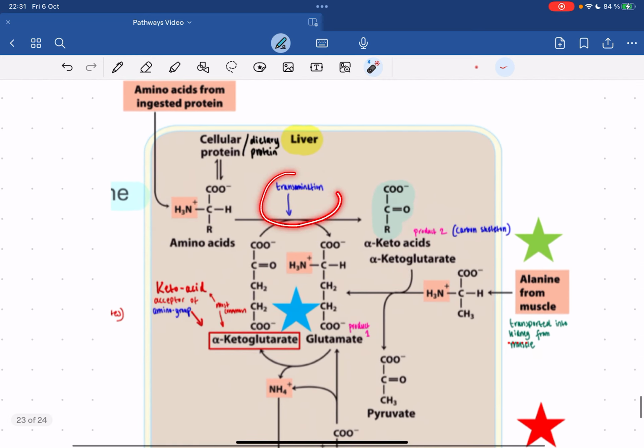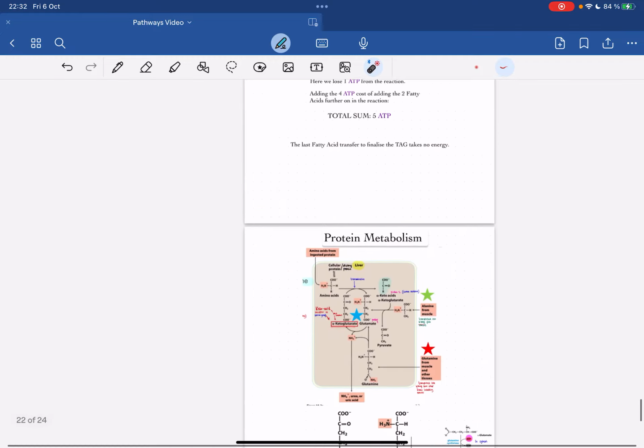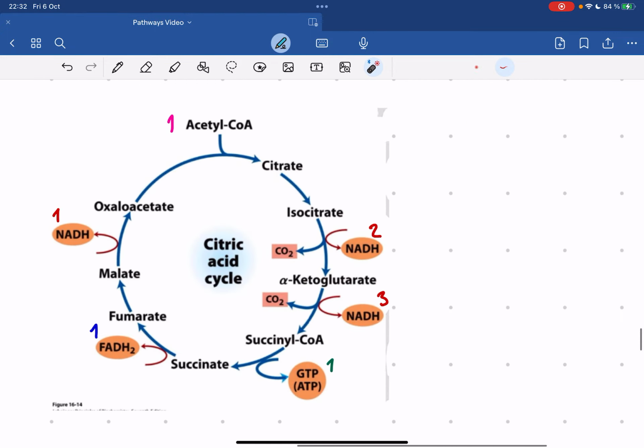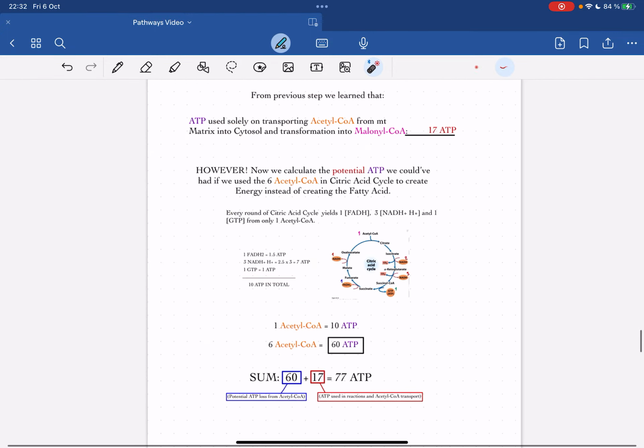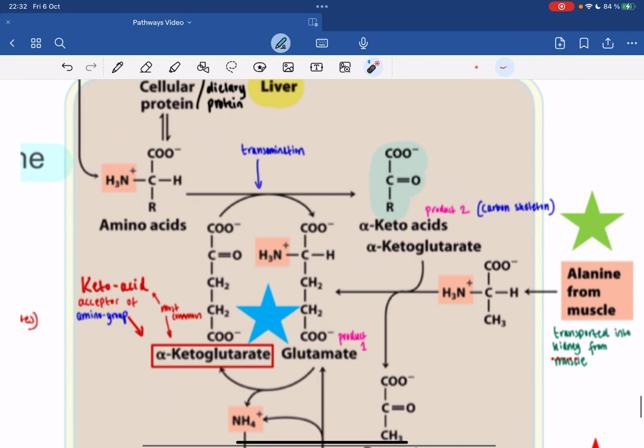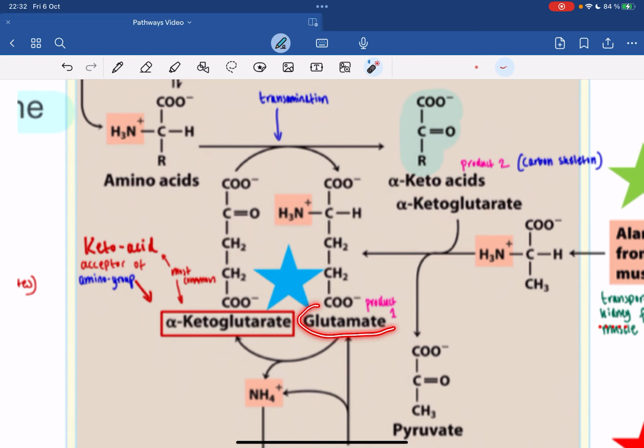So we start with transamination, and for that we need 2 reactants, amino acid and alpha ketoglutarate. And if you remember, this comes from the citric acid cycle, which we can see right here. So the alpha ketoglutarate right there. And they create, in turn, alpha keto acids right here, and then this amino acid right here, the glutamate.